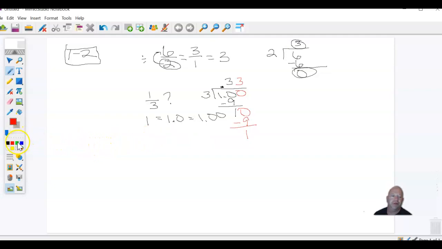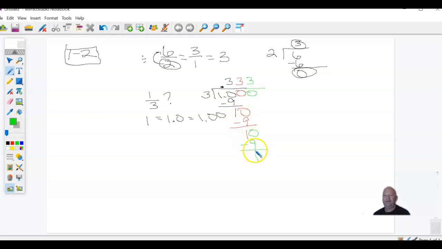Now I'm going to switch colors again, and add another 0 because this number wasn't 0. I'm going to bring this green 0 down here. And we're going to do 3 into 10 again, which is 3. 3 times 3 is 9. Do the opposite of that, we get 1.